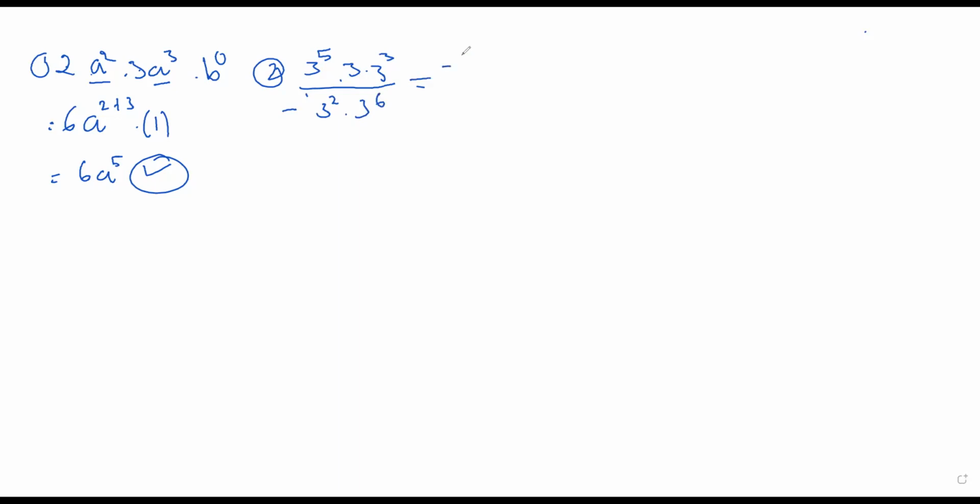It's 3 to the exponent of 5, plus 1 plus 3, because if this is only a number, there is a 1 as an exponent there. 5 plus 1 we get 6, plus 3 we get 9.